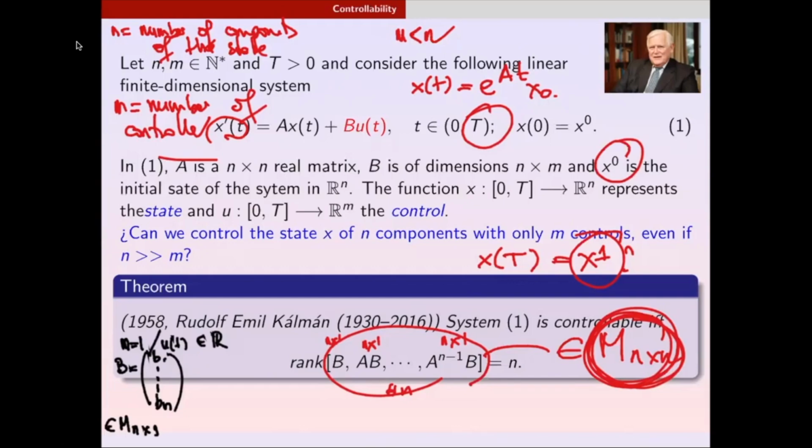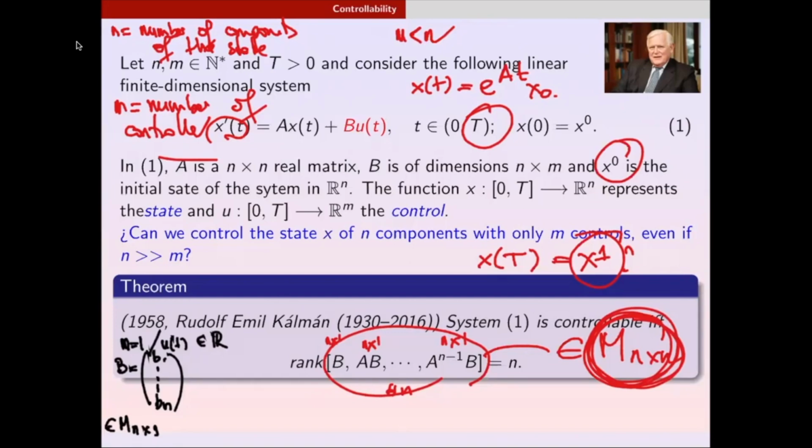You don't need to compute the rank yourself. You simply say to MATLAB, I have this control system. This is my matrix A. This is my matrix B. I would like to know whether this system is controllable. And then you let the MATLAB command compute the rank, and the Kalman command will tell you the system is or is not controllable.